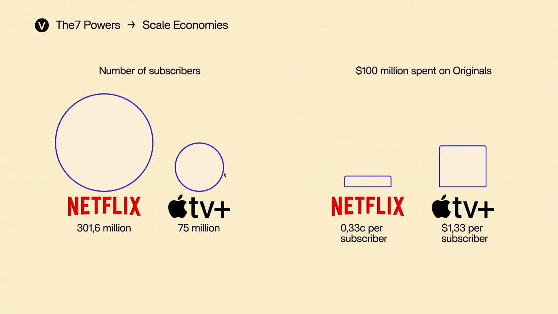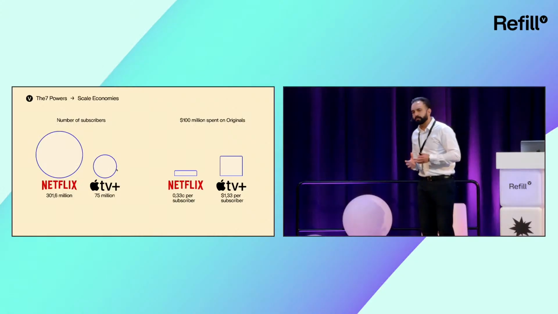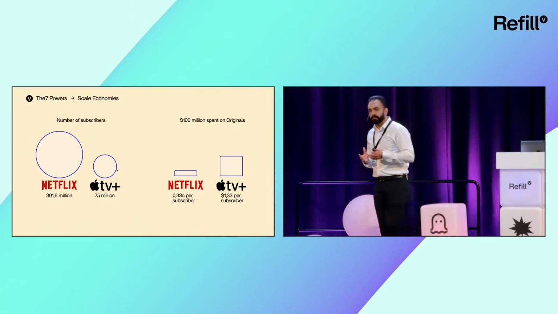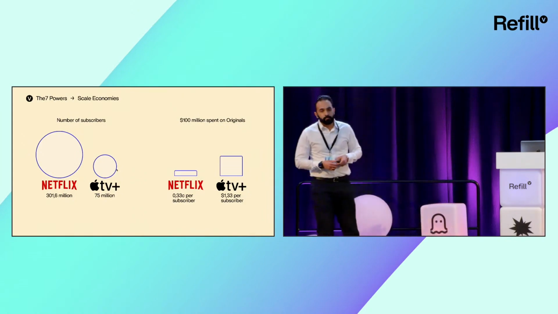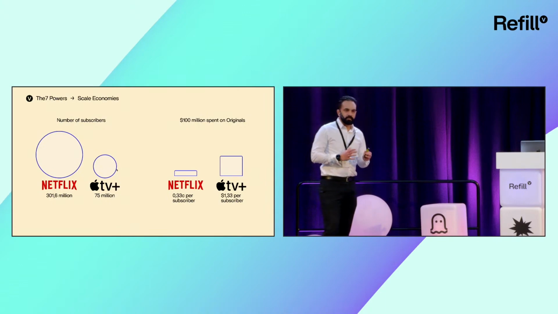I have a great example here, which is Netflix. This slide shows that Netflix has huge scale economies, a huge cost advantage. They have around 300 million users compared to a smaller competitor, Apple TV, who has 75 million.